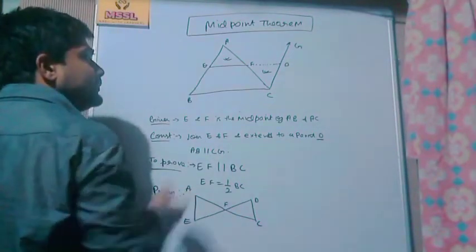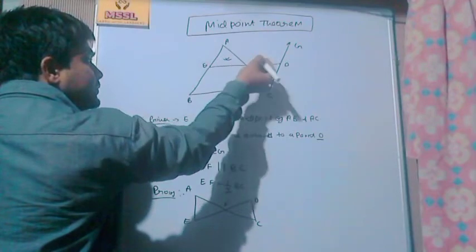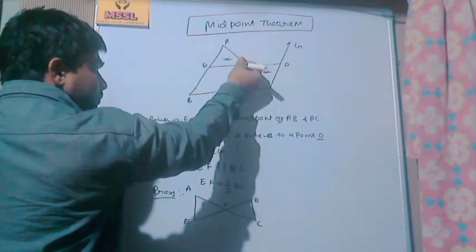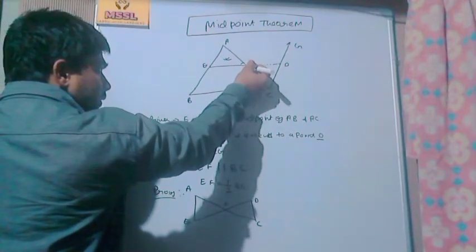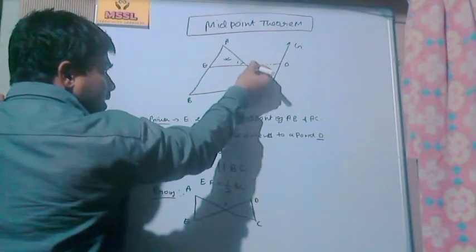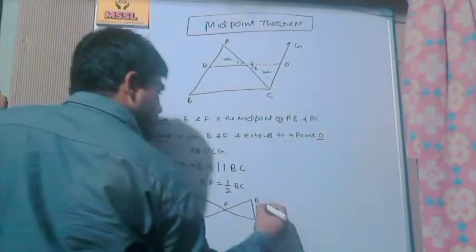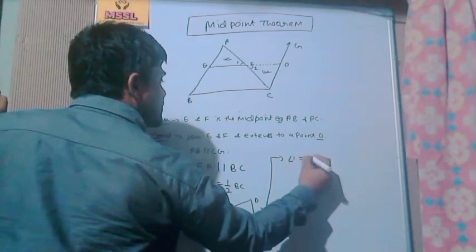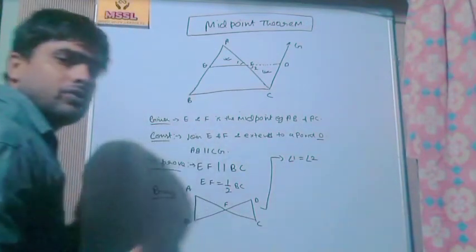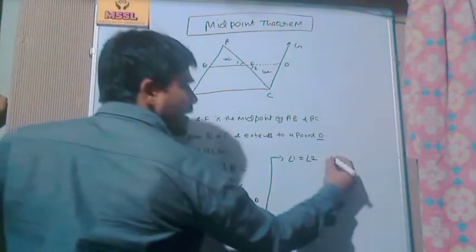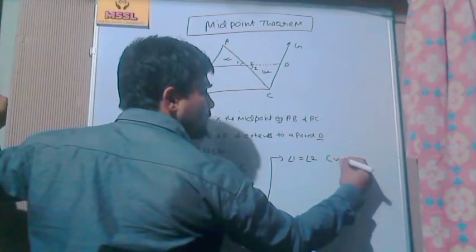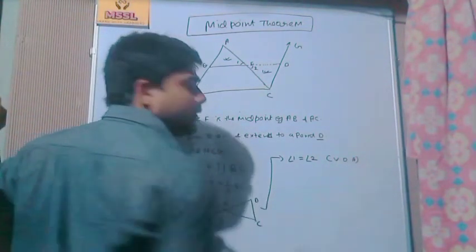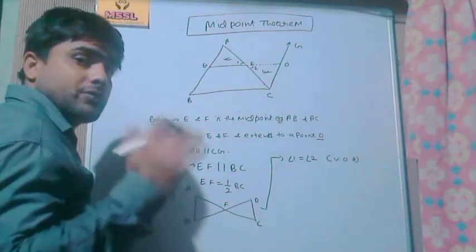Since you know that this is a vertically opposite angle, let us mark it. You can write angle 1 equals angle 2, as they are vertically opposite angles. Fine, I'm writing it briefly, but you have to write in full.